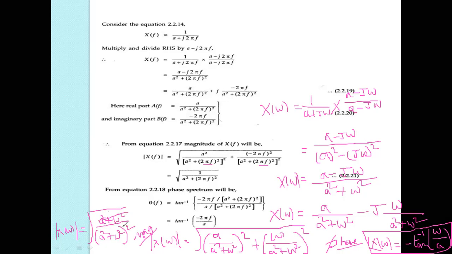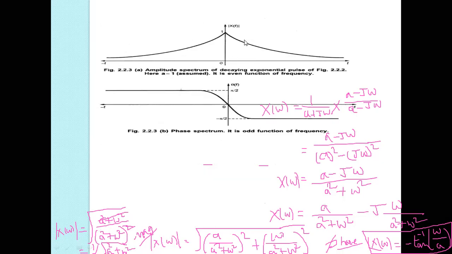This is one term and the square gets cancelled. It becomes 1 by under root of a square plus omega square. Using these omega values, you can plot the magnitude and the phase. What is a omega? Let us see.